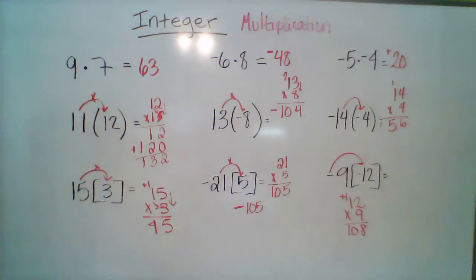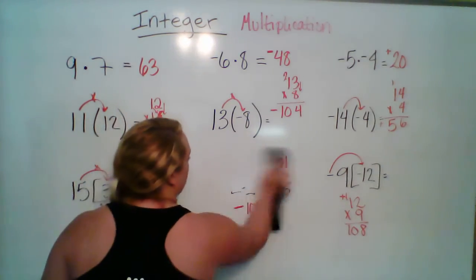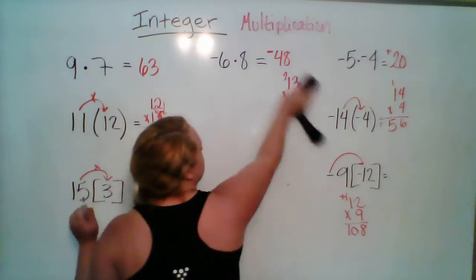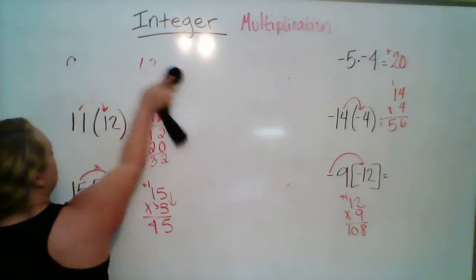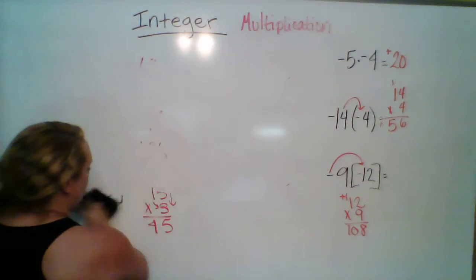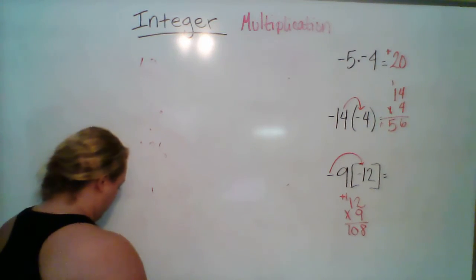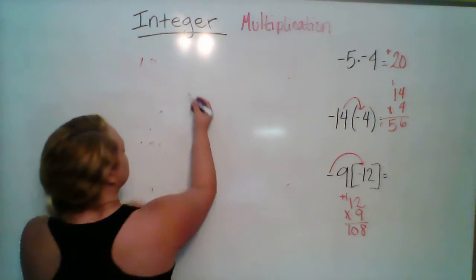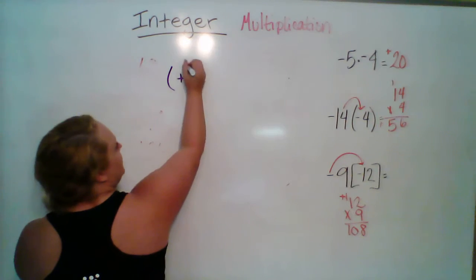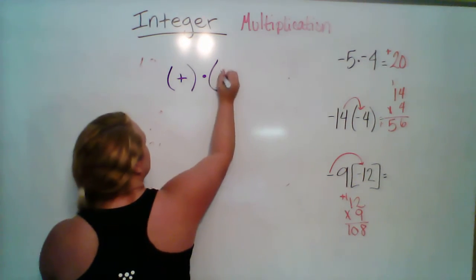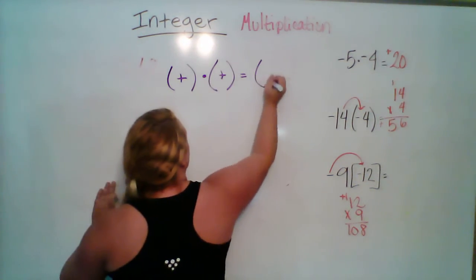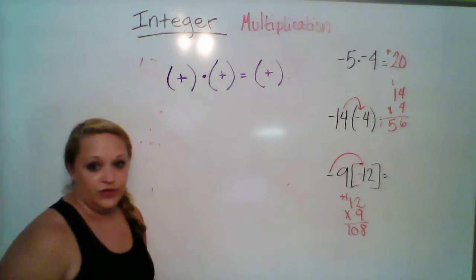Okay? So let's go over this one more time, really quick. So if you write down any notes, this is probably what it should be. Alright? And I'm going to put them in parentheses just so we understand. A positive times a positive will give me a positive.